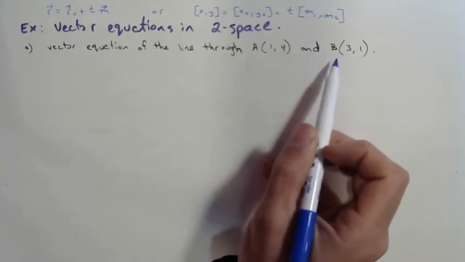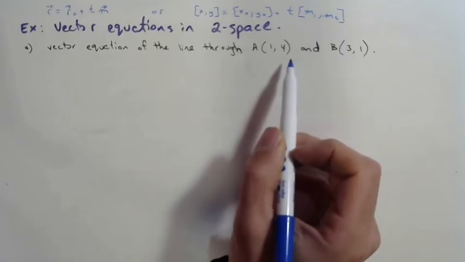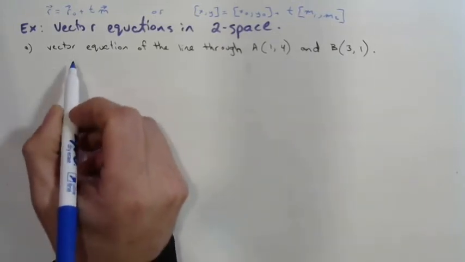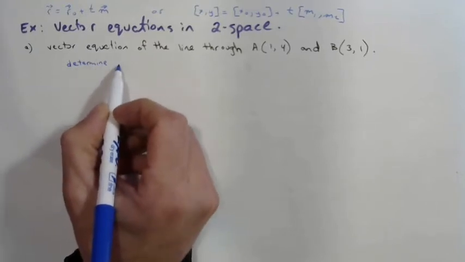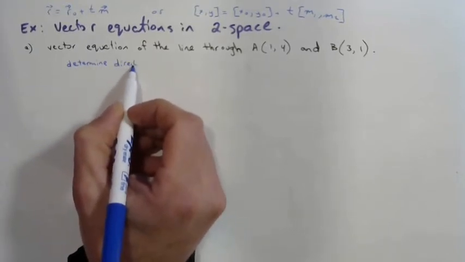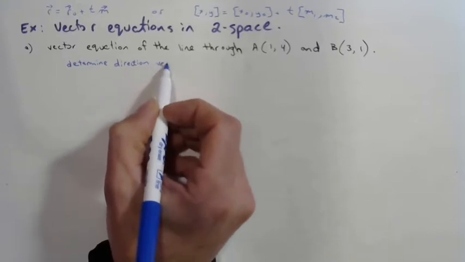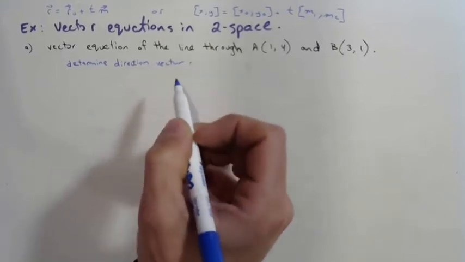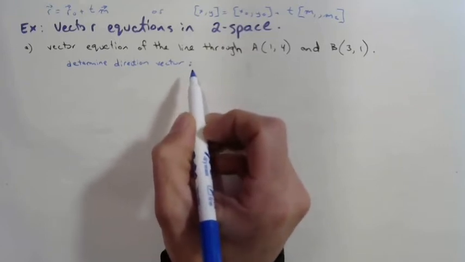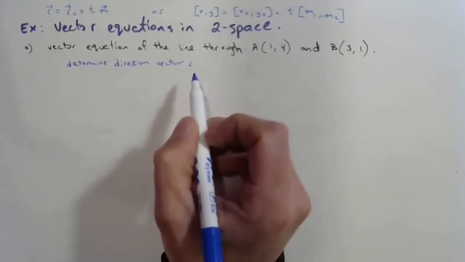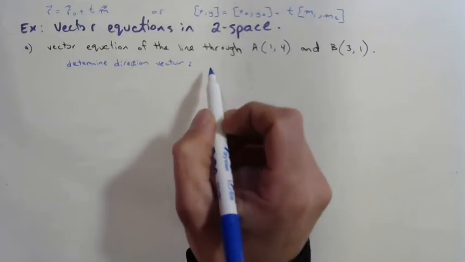Okay, so when I'm going from one point to another point, I'm going to have magnitude and direction. So my first thing I'm going to do is determine the direction vector. Translation, rise over run. Okay, so what I'm doing here is finding the change in y and the change in x and representing it as a vector.